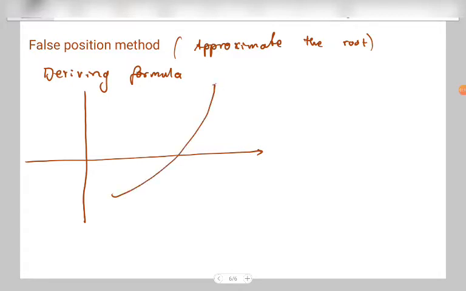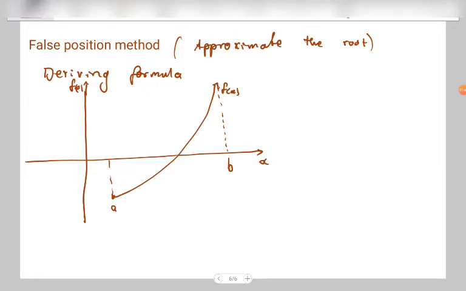So this function is called f of x, and this side is y, or f of x, and this side is x. All right, so we said that this function is continuous on the closed interval AB.